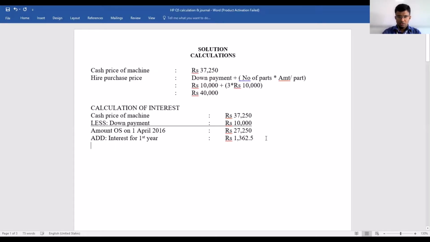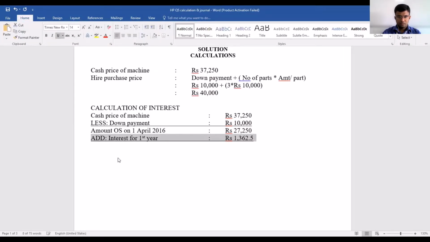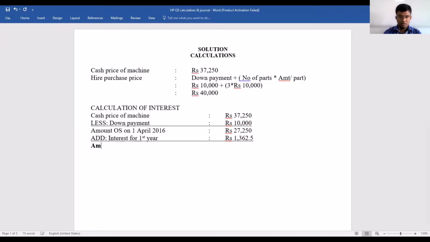So the outstanding amount due on 31st March 2017 is the amount that you will have to pay at the end of the year, and let's just quickly calculate this.